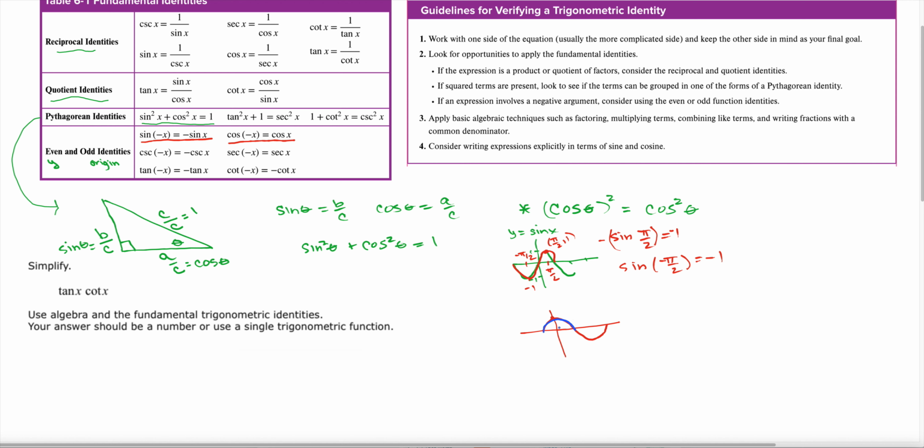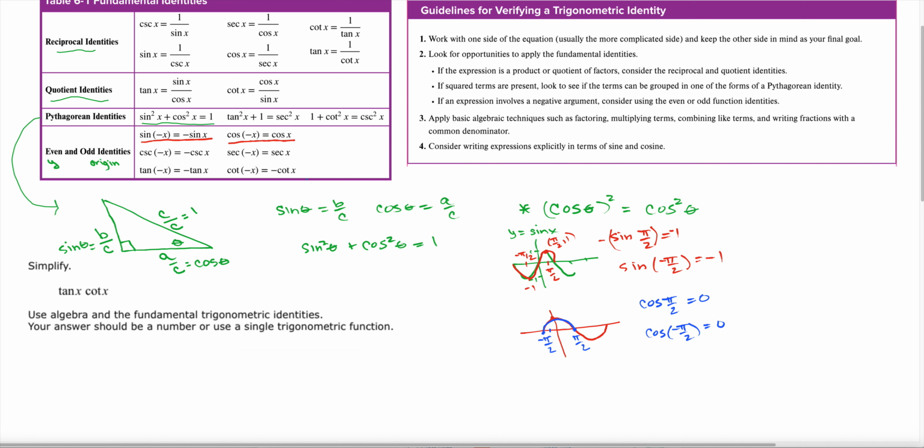And so if the input is negative, like if I put in, let's say, that would be negative pi over 2, and then this is positive pi over 2, the outputs are exactly the same, right? Cosine of pi over 2 is equal to 0, and cosine of negative pi over 2 is also equal to 0.